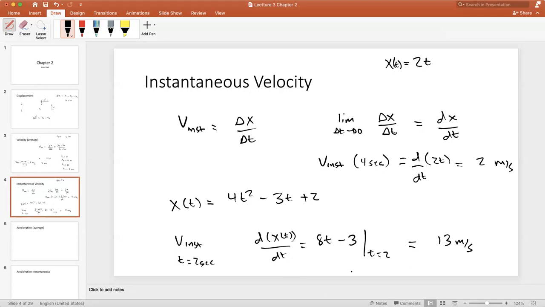Now, at time t is equal to 0, what is my instantaneous velocity? It's minus 3, because t would be 0, I would get minus 3 meters per second. And what that means is, if I graph this as a function of time, velocity versus time, at time 2, 1, and 0, my velocity here is actually negative 3, and here it's 13.